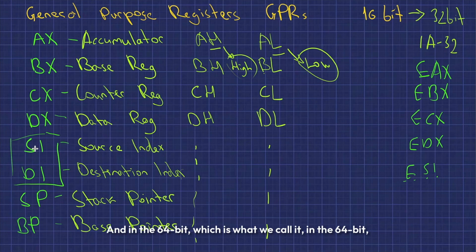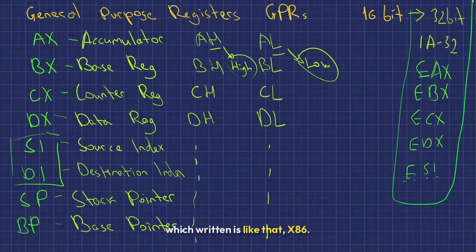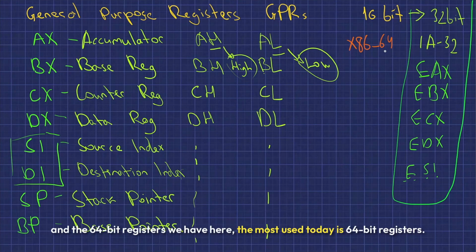And in 64-bit, written as x86-64, remember this was the 16-bit, 32-bit here, and the 64-bit registers we have here.